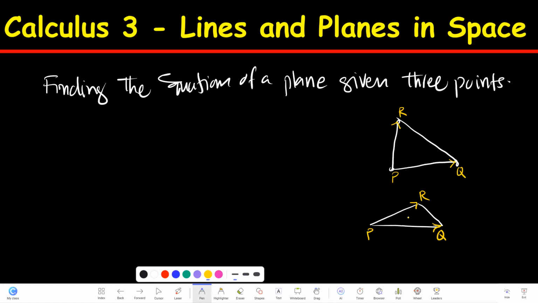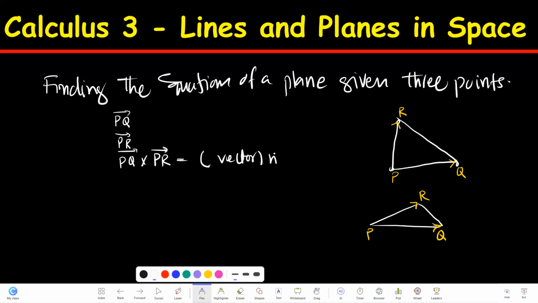Okay. We also learned another thing previously in our cross product: if I have PQ and PR, two vectors, and if I do PQ cross PR, the cross product, I will find a vector here.